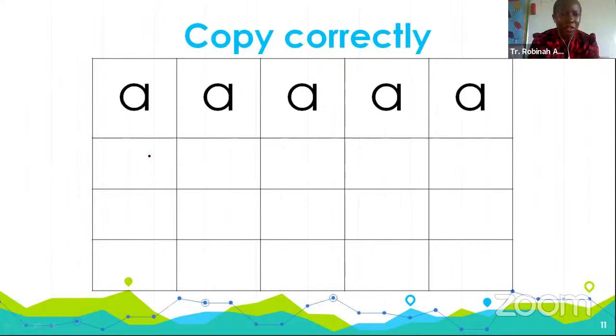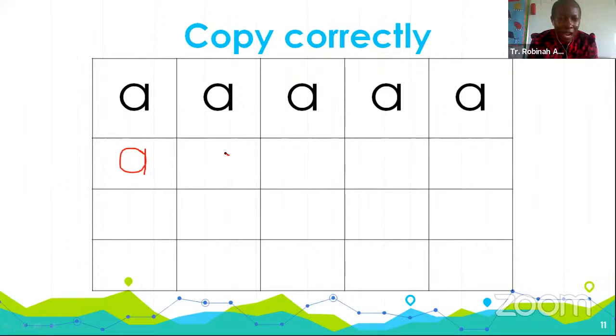We are going to learn how to write sound ah. So I said you draw the ball. A ball goes round. Then you put a standing line. And there we have our sound ah. I think you can see it is so easy.